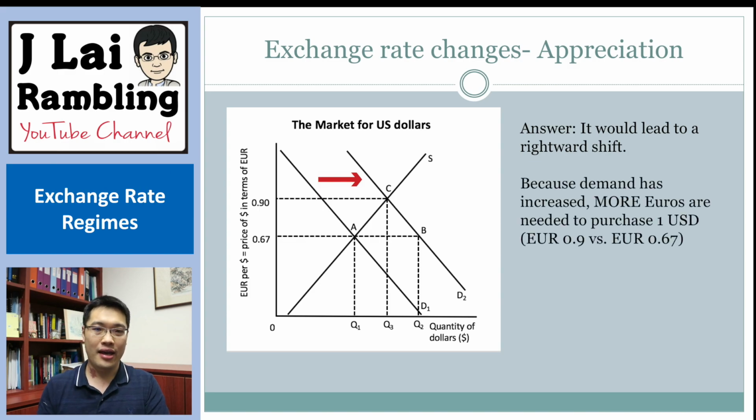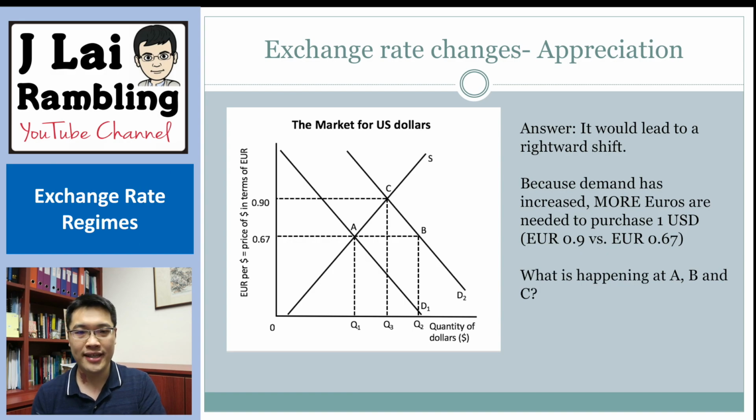Another way of looking at this is that because the demand for US dollar has increased, more euros are needed to purchase that $1 of USD. And as you can see here, the equilibrium price of the dollar has increased from 0.67 euros per dollar to 0.9 euros per dollar.